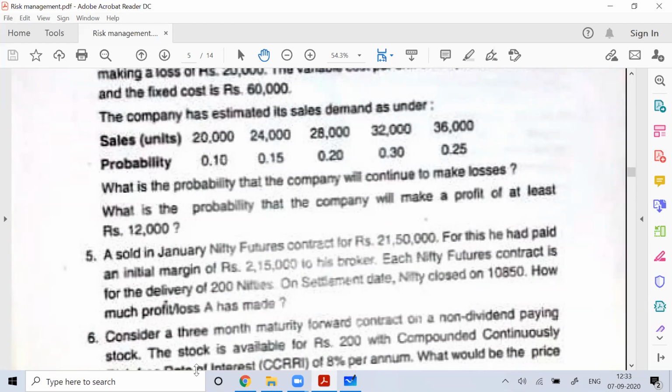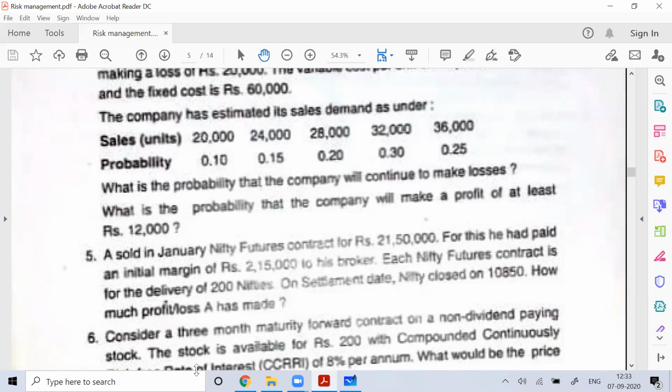A sold a January future contract for 21 lakh 50,000, and for this he has paid an initial margin of 2 lakh 15,000. Each Nifty contract is a delivery of 200 Nifties. So you can determine the exercise price, the price on the day he went for the contract. He took a short position, so keep that in mind.